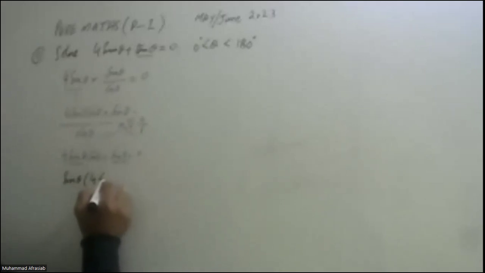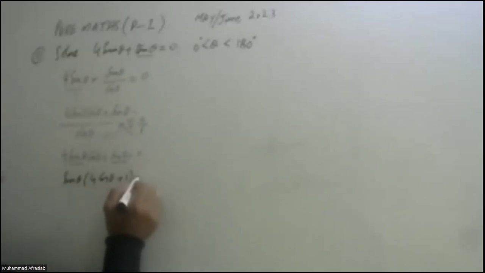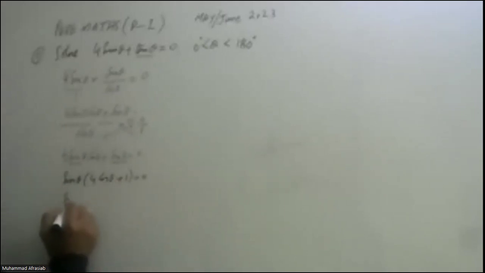Sine theta is common in these two, so you can take it out like this: sine theta times 4 cos theta plus 1 equal to 0. Either sine theta will be equal to 0 or 4 cos theta plus 1 equal to 0.